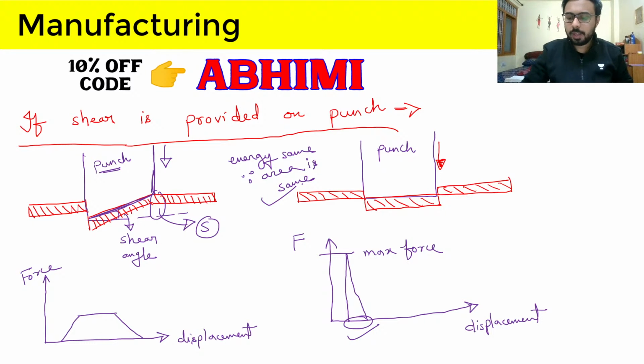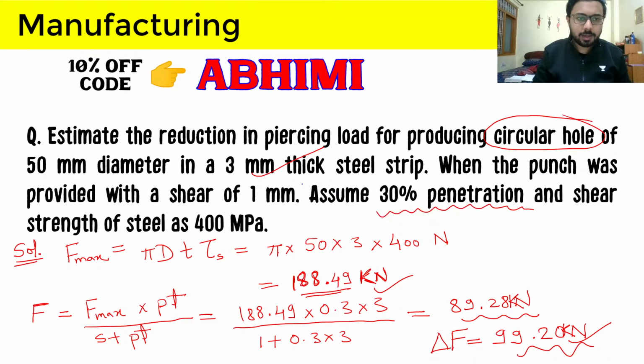And what we have discussed here is that we have to estimate the reduction in piercing load due to the providing of that shear, and that shear is provided to reduce the maximum force.